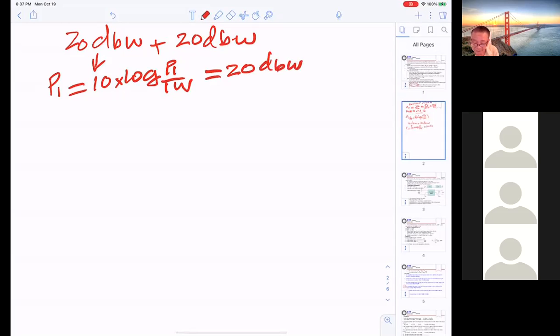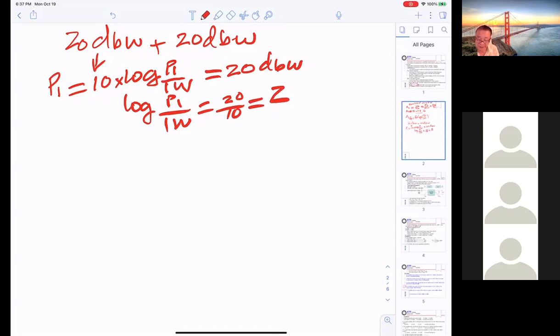So now I want the log of P1 over 1 watt equals 20 divided by 10, sorry. Remove the log. P1 over 1 watt equals 10 squared, equal 100.